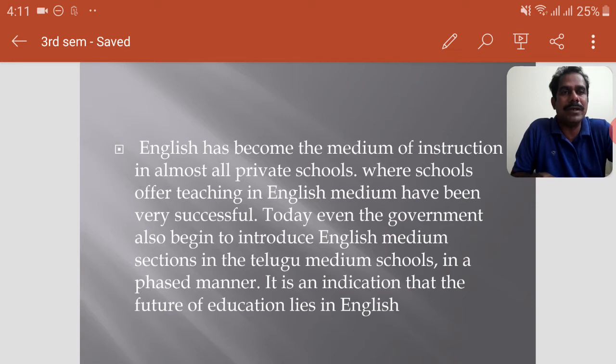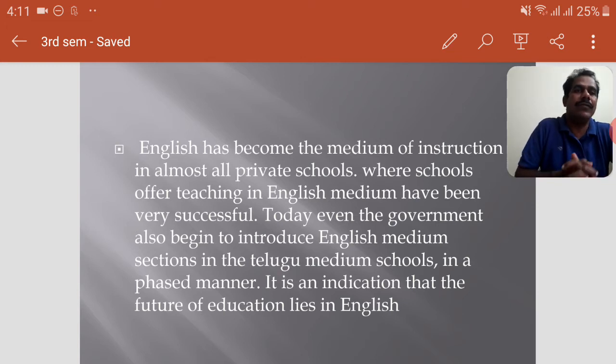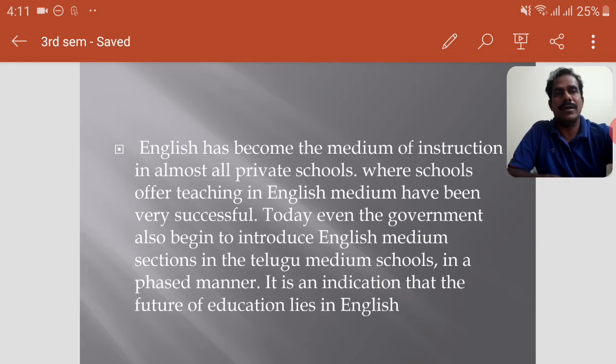Everyone knows the importance of English. Recently, the Andhra Pradesh government introduced English medium in all the government schools. Every parent is very curious to make their children learn in English medium. Then only will the instruction be a success.